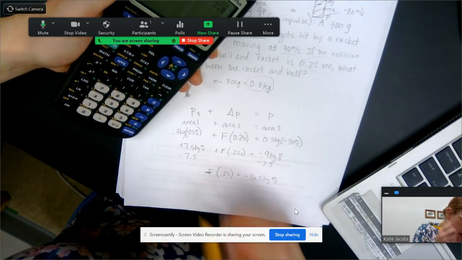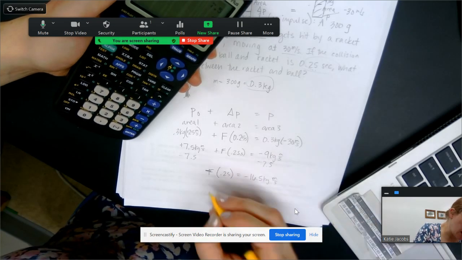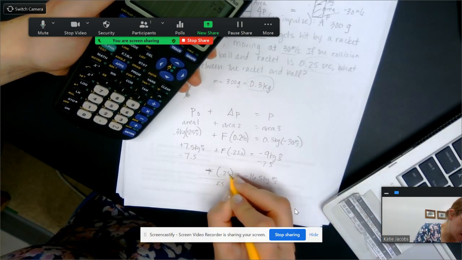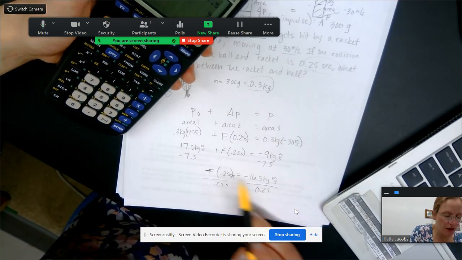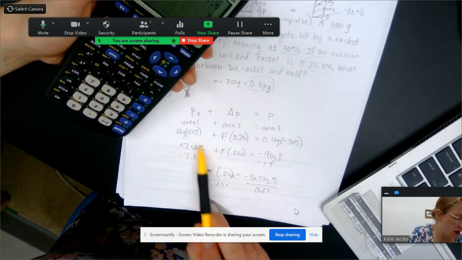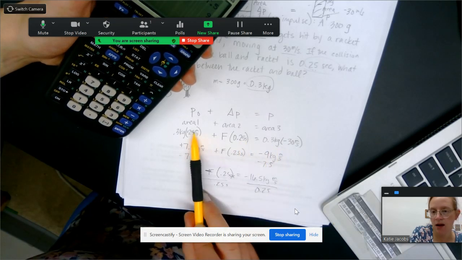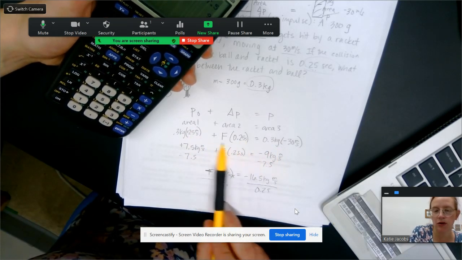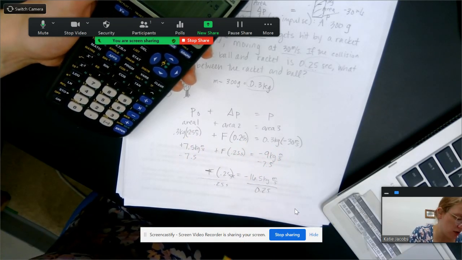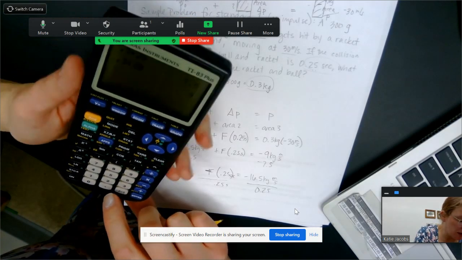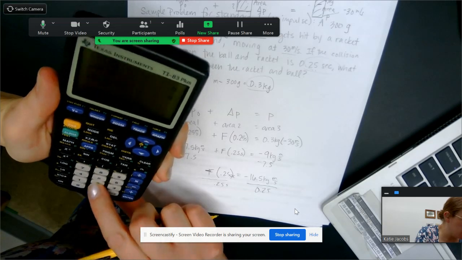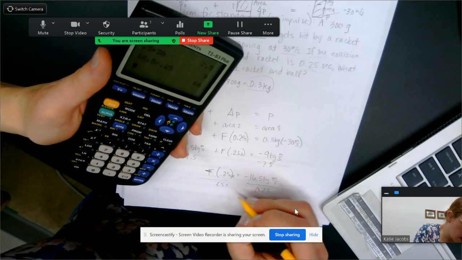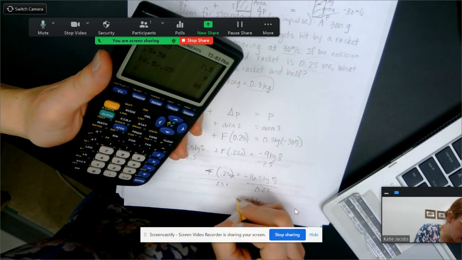And I'm dividing both sides by 0.25 seconds. If the units are confusing you, it's okay if you just have the units up here in your initial equation and you just drop them off when you do the algebra. It's not a big deal to me. So 16.5 divided by 0.25 is negative 66.